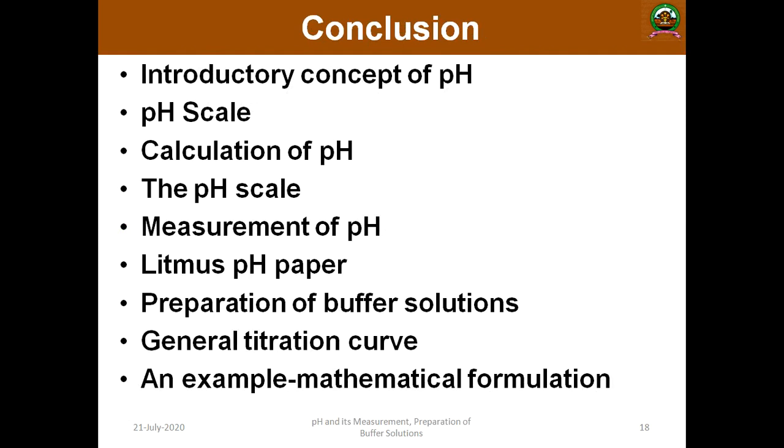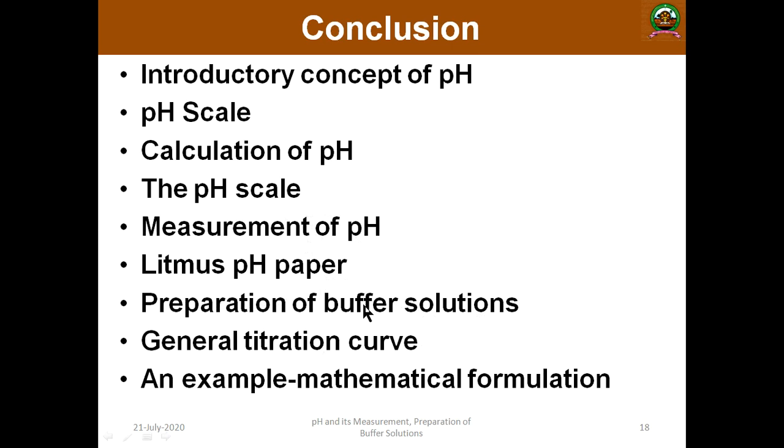Today we can conclude. We have discussed the introductory concept of hydrogen ion concentration and pH, Sorensen's concept, what we mean by the pH scale, and how to calculate the pH. How will you measure the pH? There are two methods, the litmus paper and the pH meter.